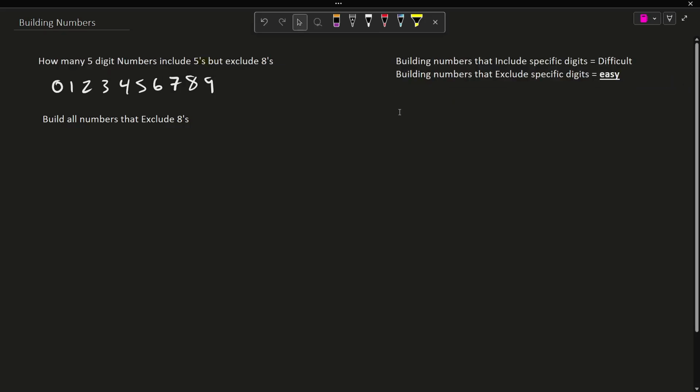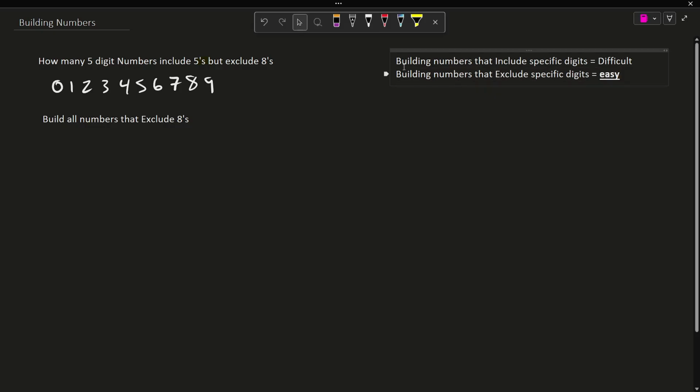Turns out that it's quite challenging if you try to build numbers that include specific digits. So I just want to make a statement here. Building numbers that include specific digits is difficult, whereas building numbers that exclude specific digits is easy.